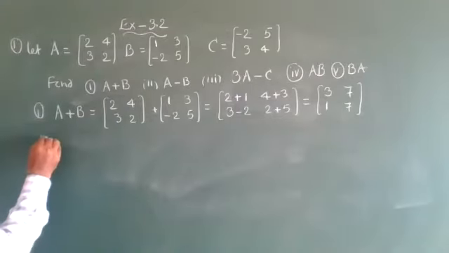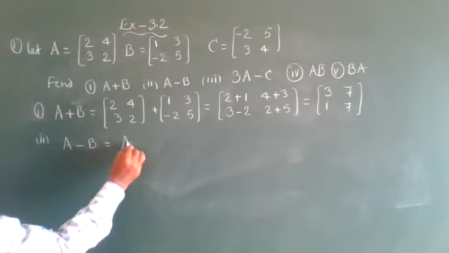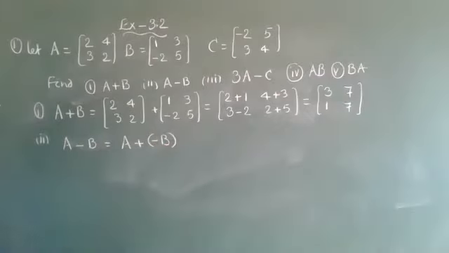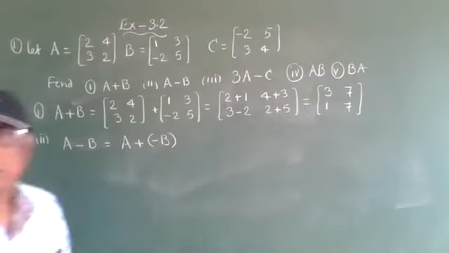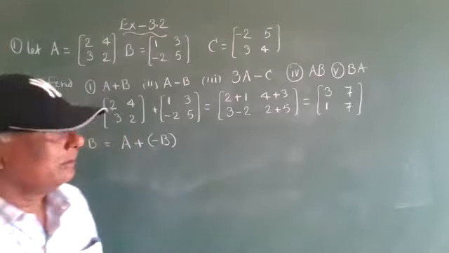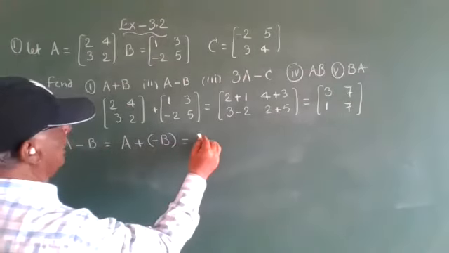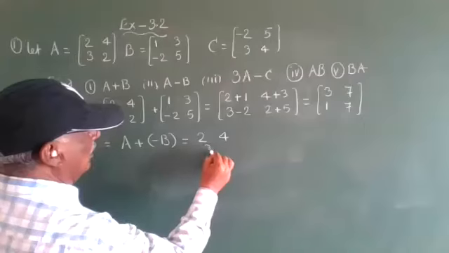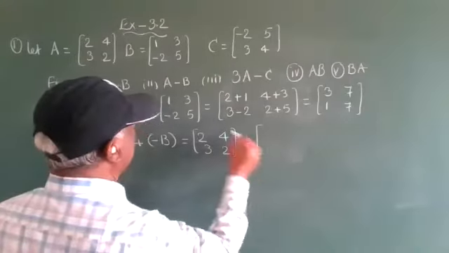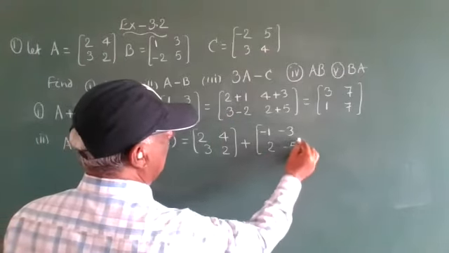Second bit is A minus B, the A matrix minus the B matrix. This can be written as A plus minus of B, the B matrix multiplied with the minus. A matrix is 2, 4, 3, 2. Minus B is minus 1, minus 3, and 2, minus 5.